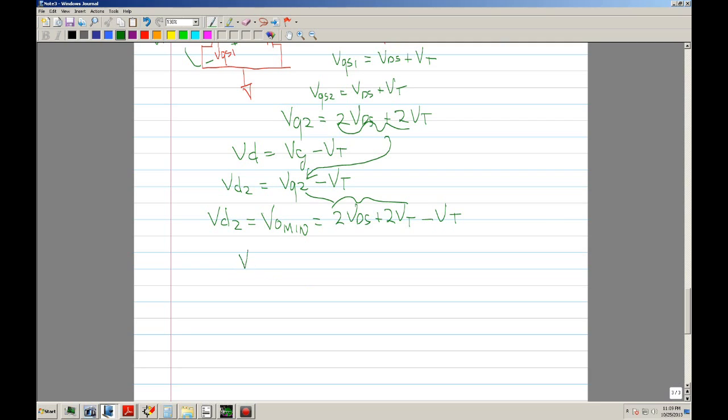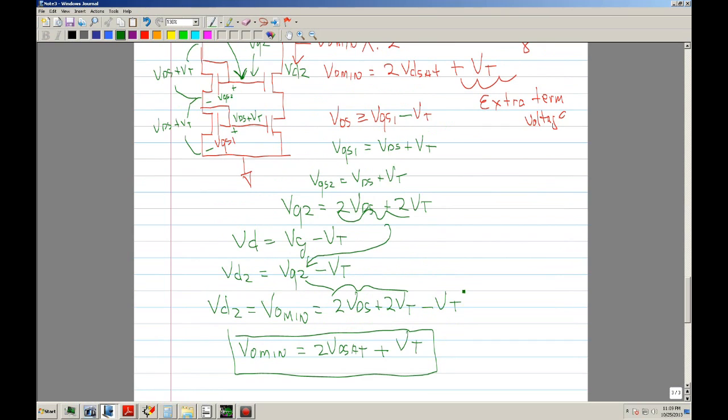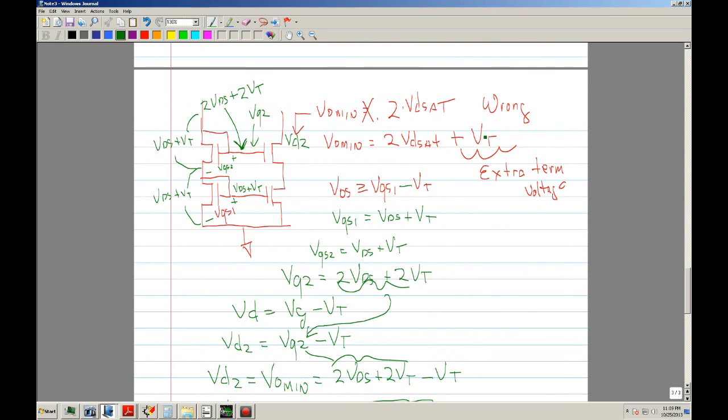So now we proved that the Vout minimum is 2 VDS-sats. There's a 1 here, so that leaves you with 1 VT, and that's the answer. That's the proof. So basically it proves that you have an extra term in here.